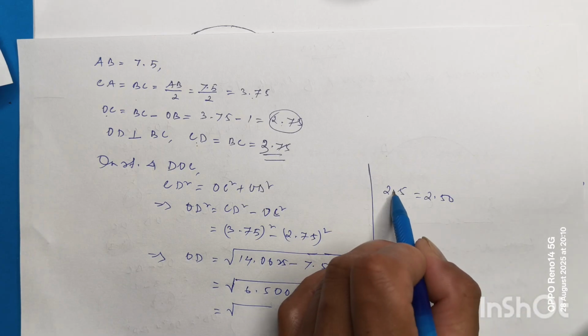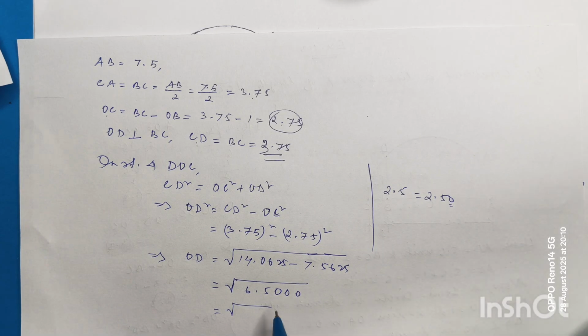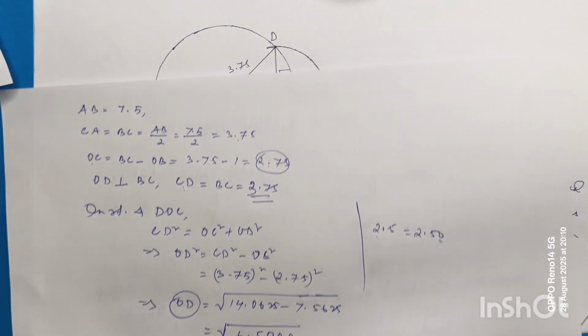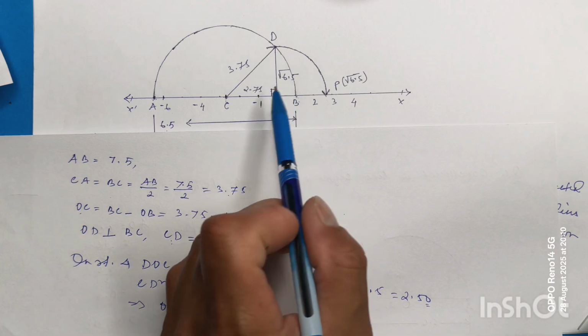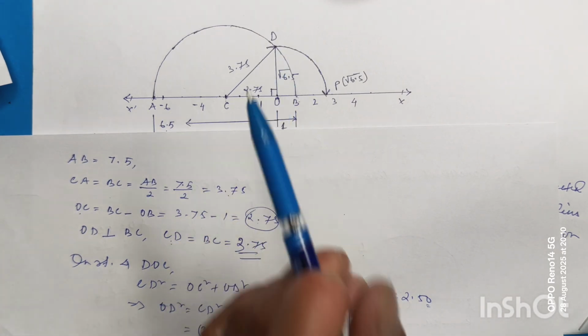So after the decimal, the zeros we will not consider. That is why these 3 zeros we will not consider. We can get 6.5. That is why the length of OD is equal to root over 6.5, which we have already shown here. OD equals root 6.5. I think you will understand.